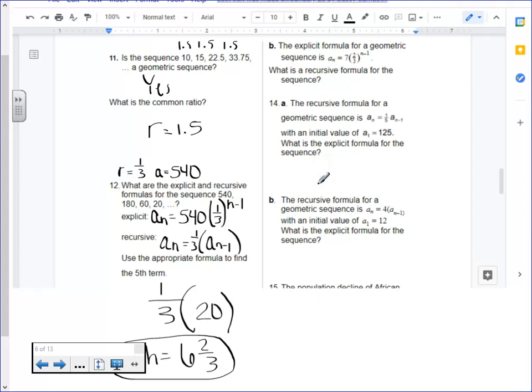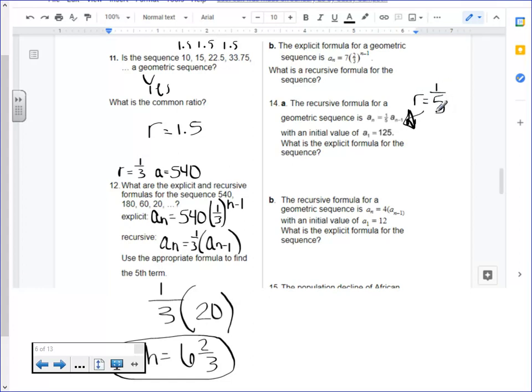The recursive formula for a geometric sequence is A sub n equals 1/5 times A sub n minus 1, with an initial value of 125. What is the explicit formula? The only thing we care about in this equation is it tells us our common ratio, which is 1/5.